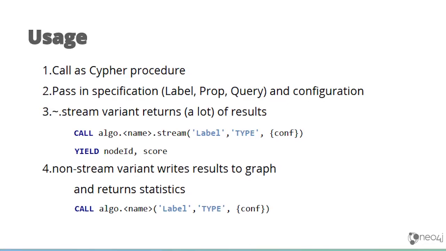Either you can stream the results back, making no write transactions to the database, or you can write the results back to the graph to then inform future analytics and future transactions that you run through the database, as well as possibly be a feeder through to other algorithms that you might apply on top of those results.